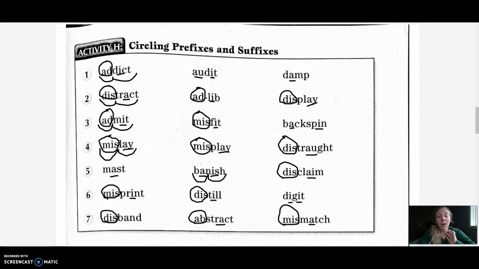All right, so I have all my vowel combinations underlined and I have my prefixes circled. So let's go ahead and break up our words. Let's start up here with this one. So this one has two vowel combinations, so we'll have two word parts. Audit. One vowel combination is one word part. Damp.